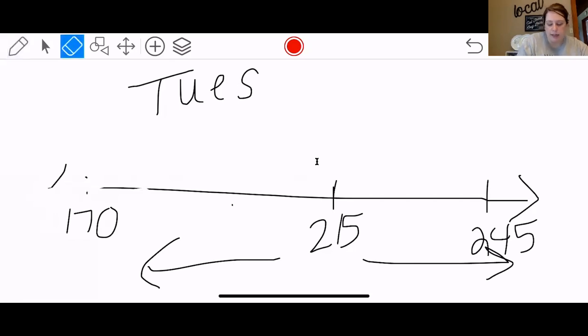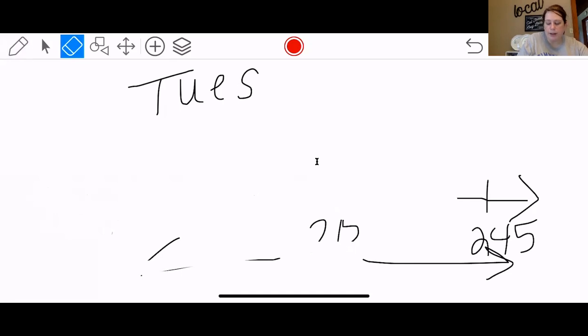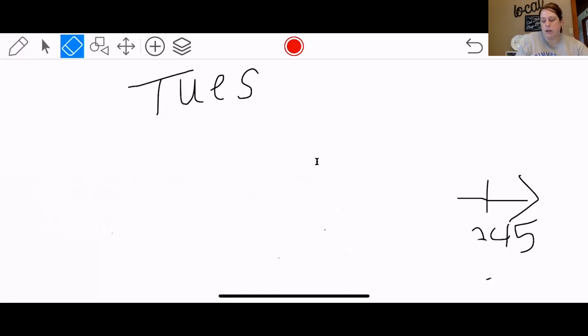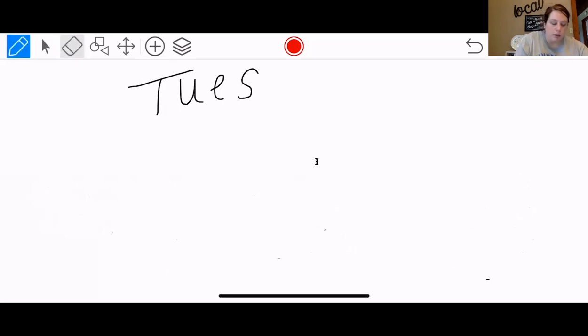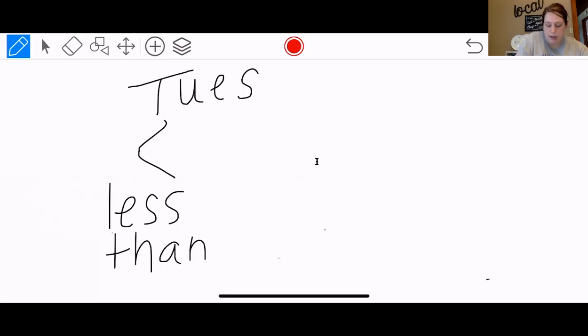Now write this down in your journal, what I'm about to write. It's super important that you memorize these symbols I'm about to show you. It's super, super important. So we need to know what a less than symbol and a greater than symbol looks like. This is less than, and it's going to the left.